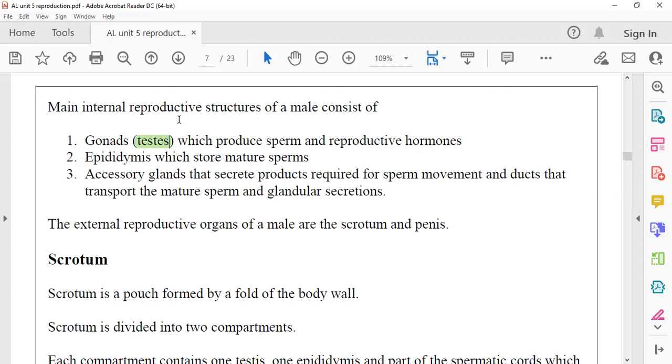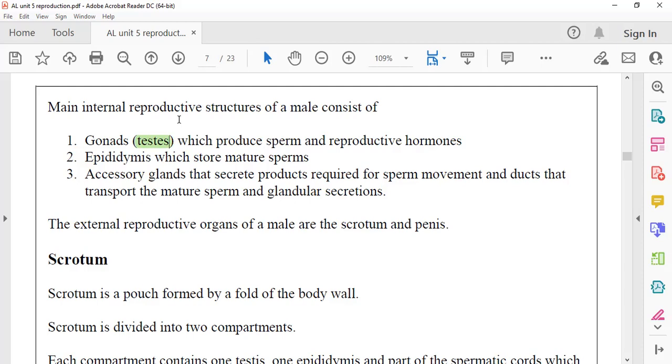So other than the epididymis and gonads, there are glands there. There are ducts there. Urethra is a duct. Vas deferens is a duct. There is another duct called the sperm duct. I will show you later.